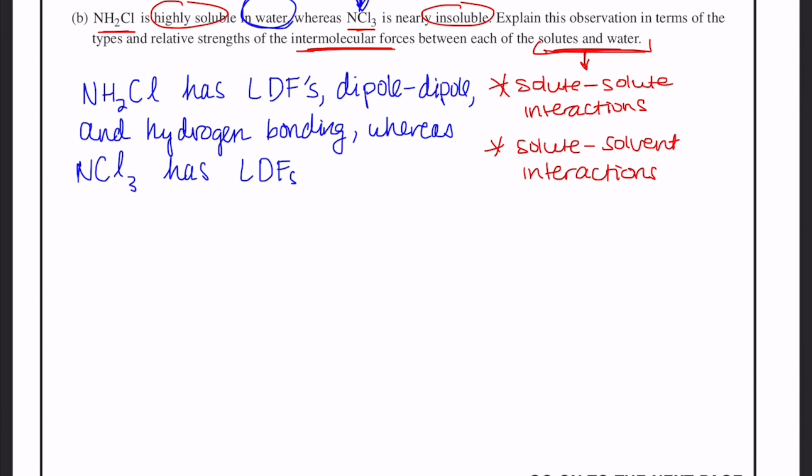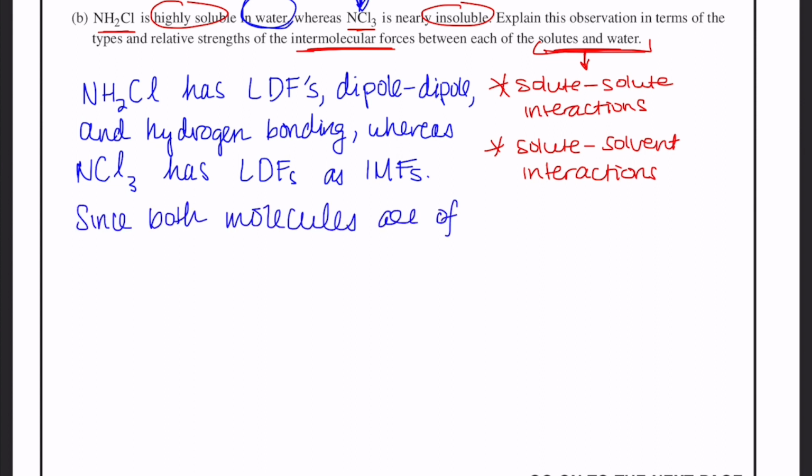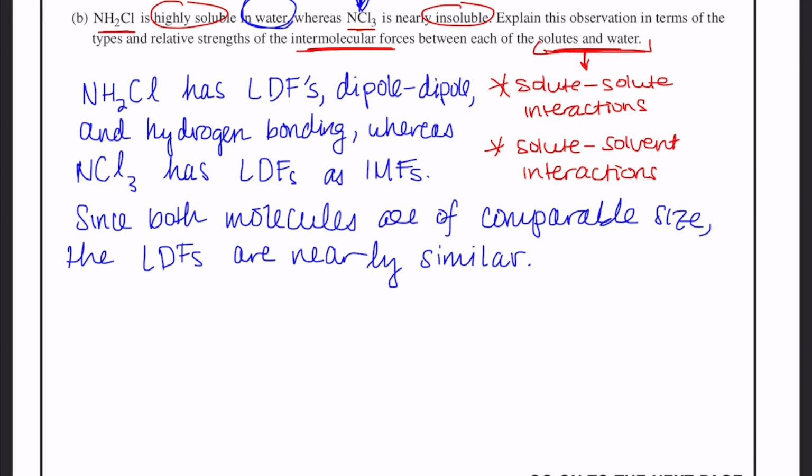Has LDFs as intermolecular forces. You can use IMFs to abbreviate. So now let's look at the LDFs. Okay, so both of these molecules are of comparable size. We can see the similar elements in both of them, so we will say that. The LDFs are not what are causing this difference in solubility. It's something else, and that something else is going to be the capability of NH2Cl to hydrogen bond. That's going to be the difference that we're seeing.